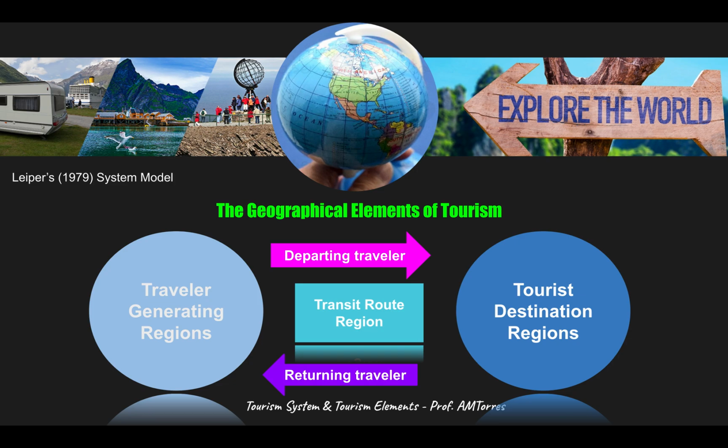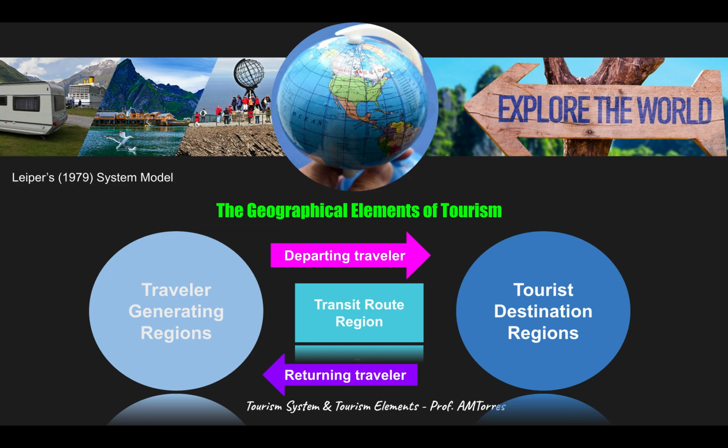On your left is known as the traveler generating region, or in other words, this is where the tourist is about to depart to a certain destination, or we can say it's a point of origin. And on the other side, another region is the tourist destination region. Okay, so meaning this is where you're going, this is your destination.